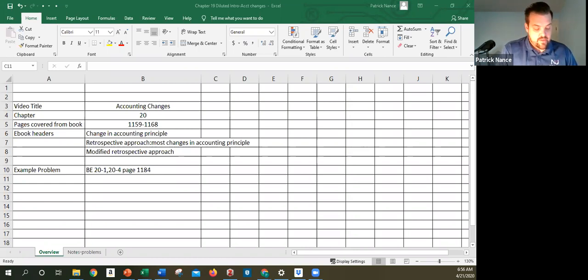The prospective approach, on the other hand, the last one here, 1166, is used when retrospective is impractical. If it's too difficult to do, due to lack of information or otherwise, we can do this prospectively only, which means we would only report this in future periods and not go backwards at all.